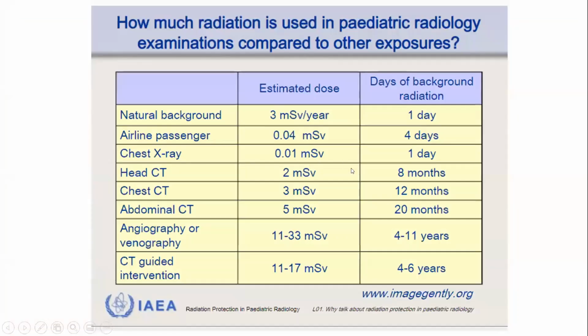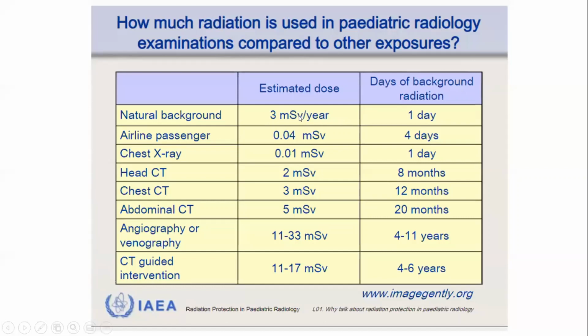But having said that, you need to know that radiation exposure, especially when it comes to the chest X-ray, is not all that high. With these new machines, as you can see, if you are just standing here, you are exposed to background radiation. That is calculated to be 3 millisieverts per year.